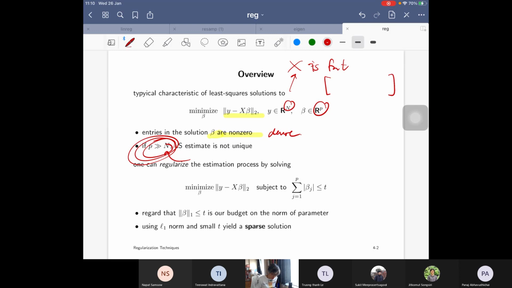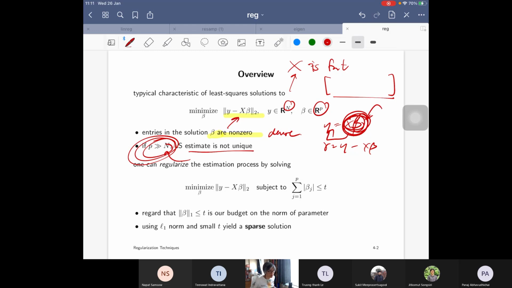Of course, when you solve, you minimize the residual between y and x beta. Sorry, I should have said that when x is fat, the estimate beta hat is typically not unique, because you have so much freedom, so many choices on beta to make these match y exactly.